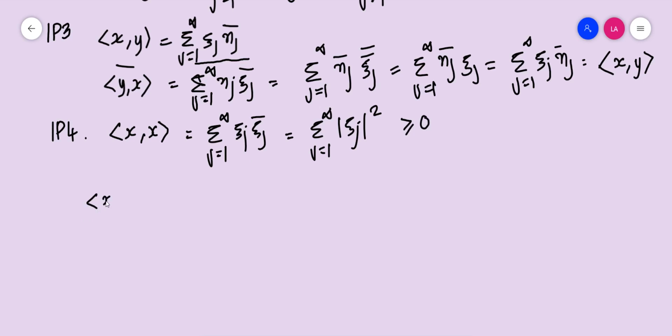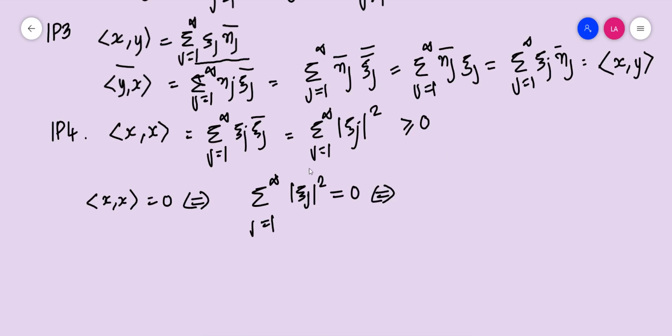Now inner product xx is equal to 0 if and only if summation j is equal to 1 to infinity modulus of theta j the whole square is equal to 0. These are sums of positive numbers. This sum being 0 means each of the positive numbers should be equal to 0. So modulus of theta j should be equal to 0, which means each of the components should be equal to 0, which means x is equal to 0.